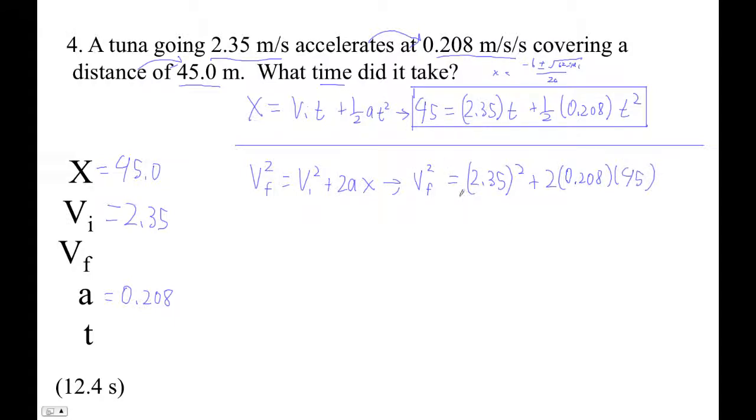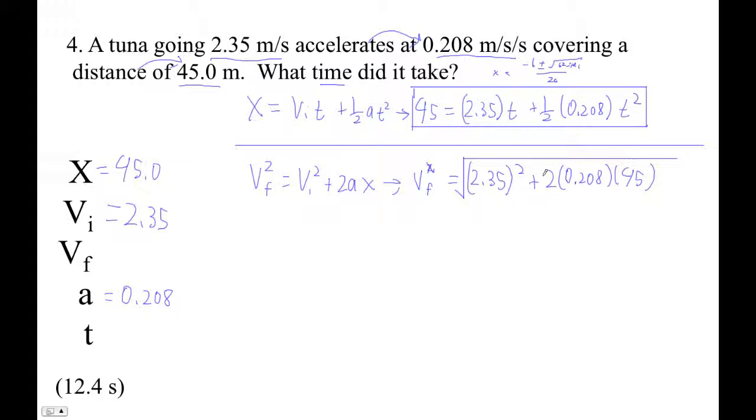And then of course to get the answer to this, we're going to take the square root of this side, and that'll get rid of the squared, right? So square root of left parenthesis 2.35 squared plus 2 times 0.208 times 45, right parenthesis.